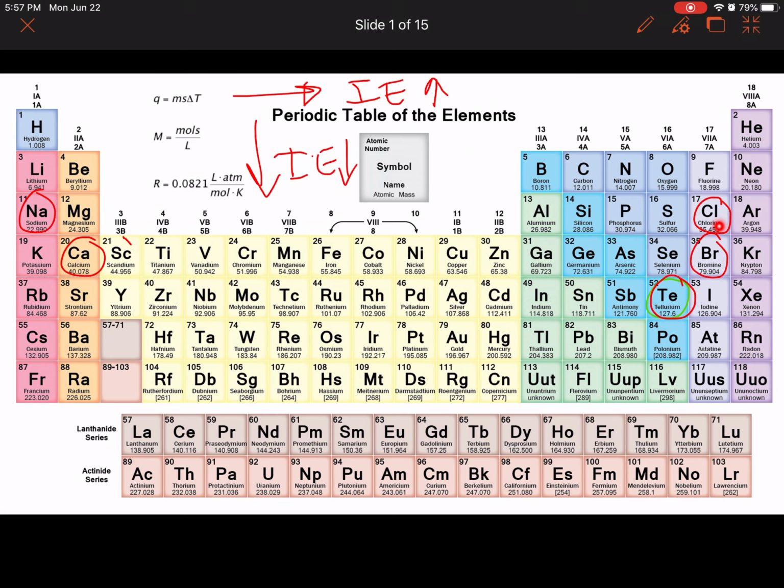So chlorine would have the highest first ionization energy, and between chlorine and sodium, sodium is a metal, so it would be easy for it to make a cation, whereas chlorine is a non-metal and would find it hard to lose an electron. So the element with the largest first ionization energy would be chlorine.